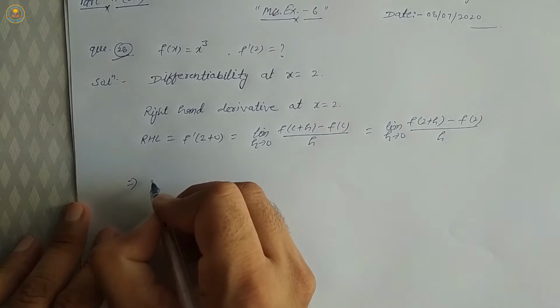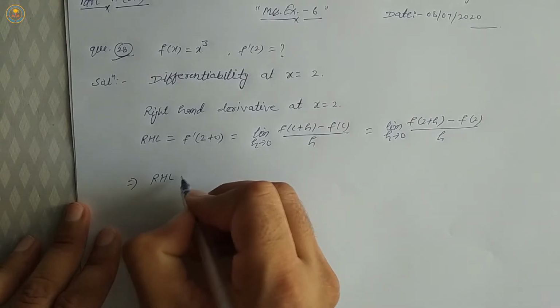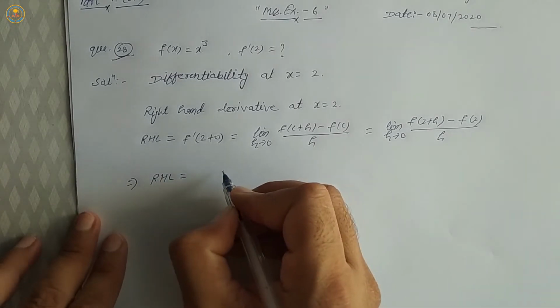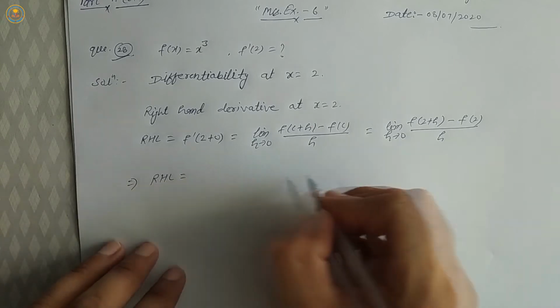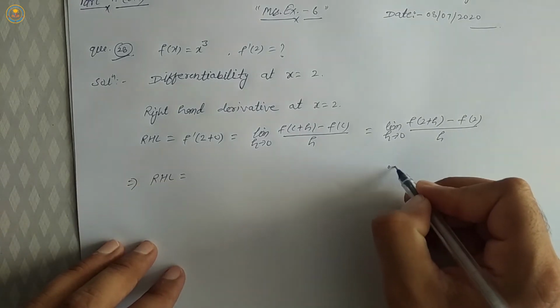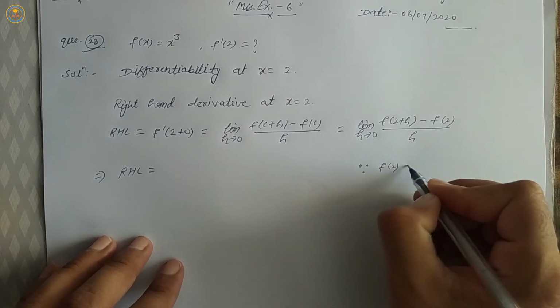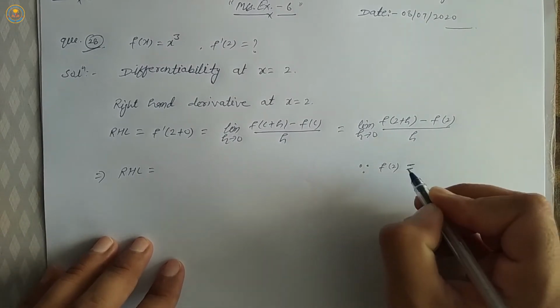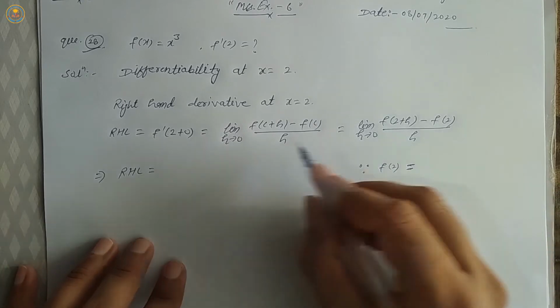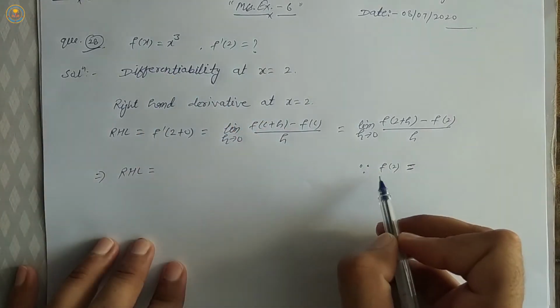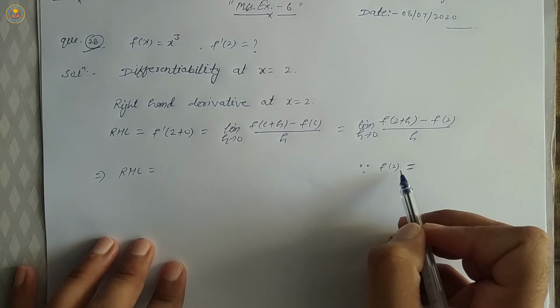Implies RHL is equal to, because f(2) is equal to 8, it means x is equal to 2.